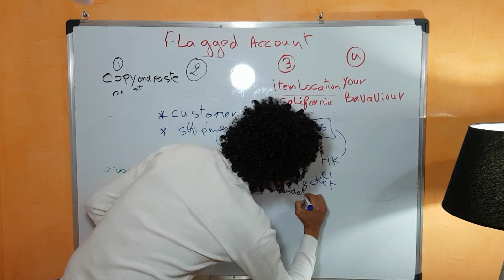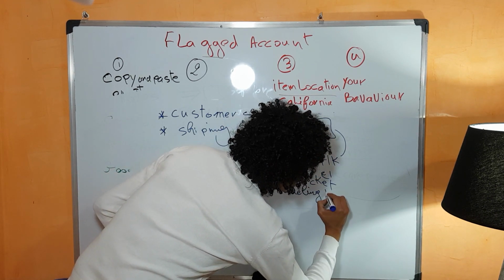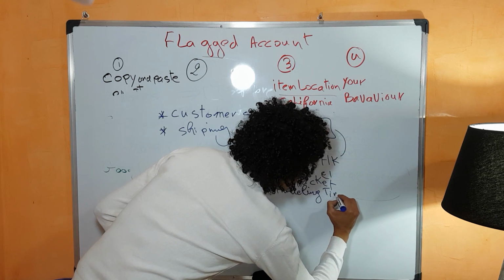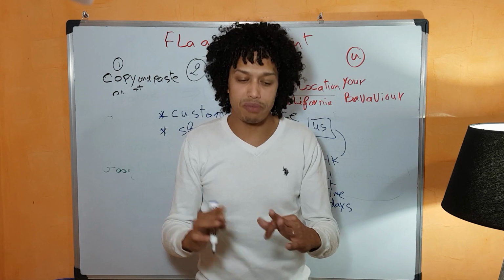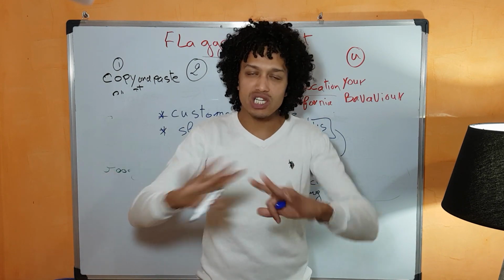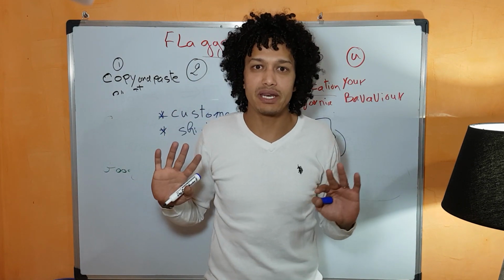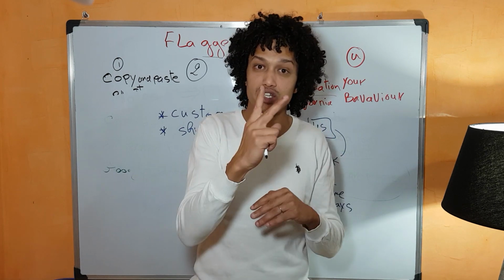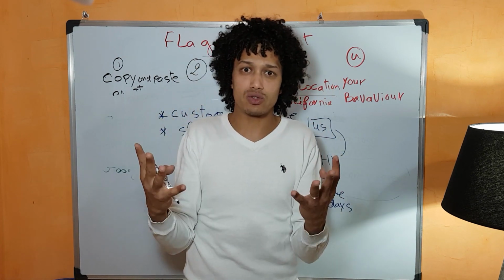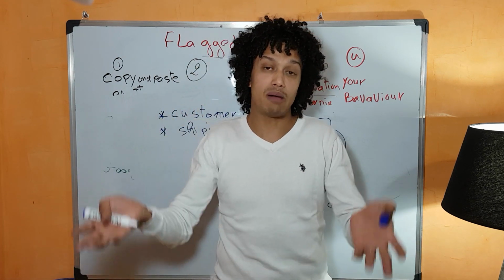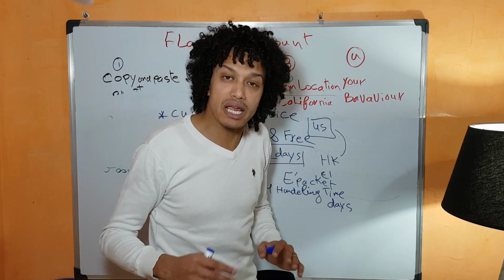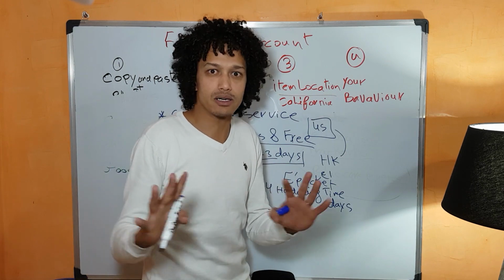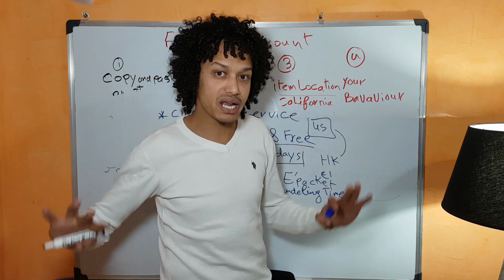Handling time must be between 2 to 4 days. It's fine, the customer can wait, it's not a big deal. 2 to 3 days, and then use 2 days shipping or 3 days shipping if you're sourcing from the US, Amazon or any other platform. But handling time needs to be from 2 to 4, 3 days. Okay, don't freak out, it's okay, the customer can wait.